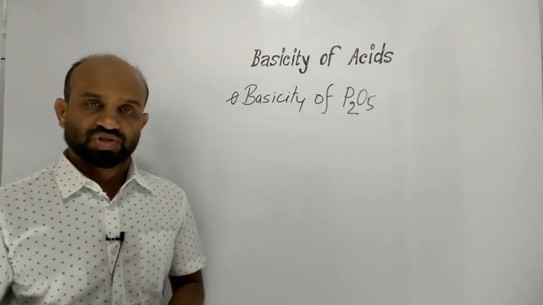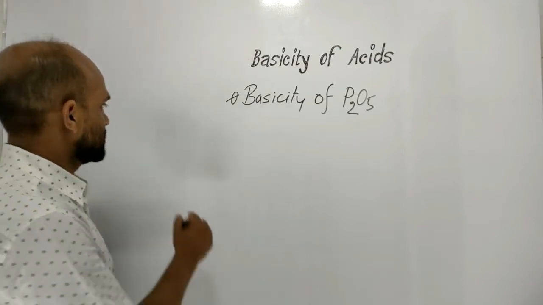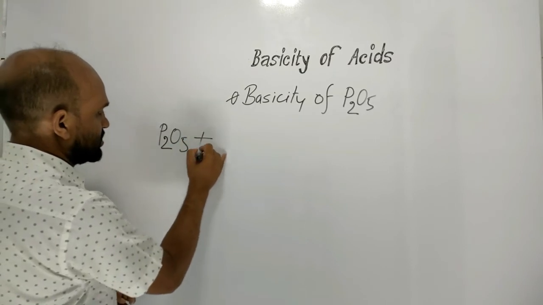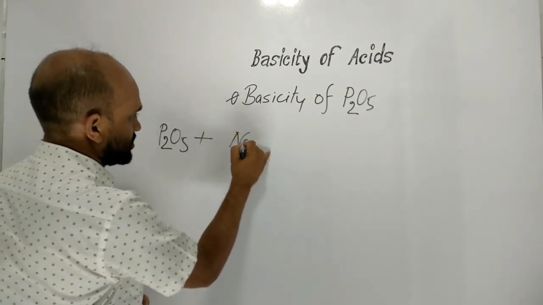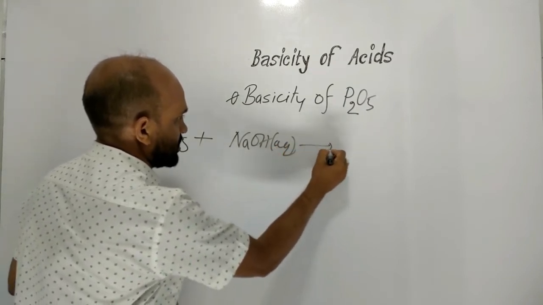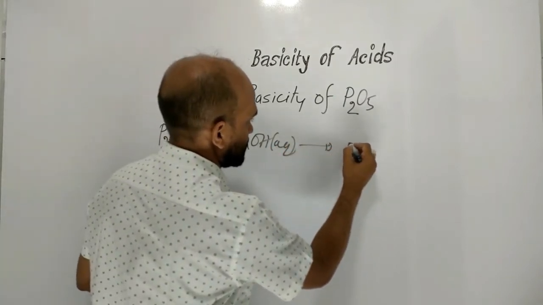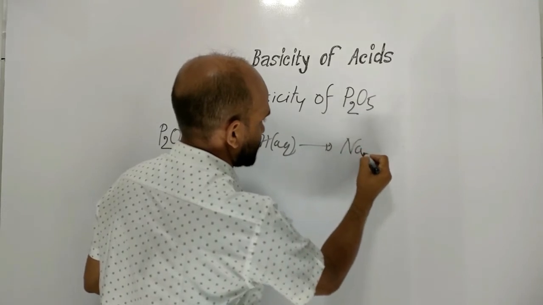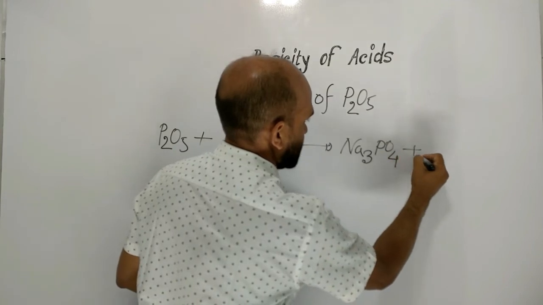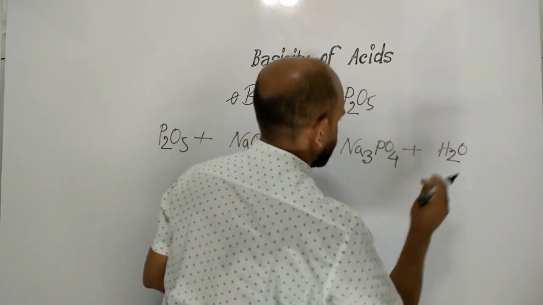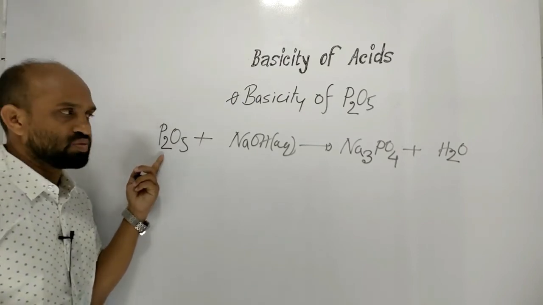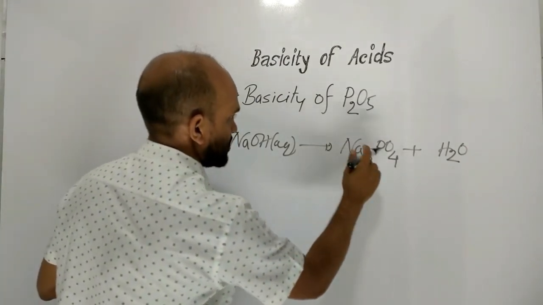Basicity of phosphorus pentoxide. Let's see. Phosphorus pentoxide reacts with sodium hydroxide and forms sodium phosphate and water is formed. Here 2 phosphorus atoms, here 1.